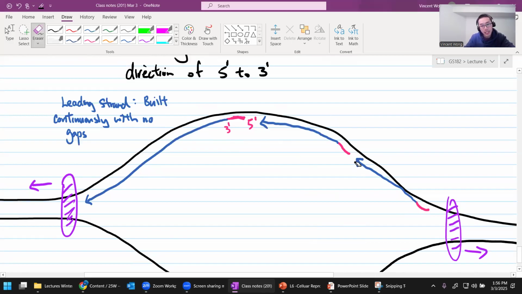But on the other side, these are being built discontinuously. There are multiple pieces. So we call it the lagging strand. So it's built discontinuously, in fragments.